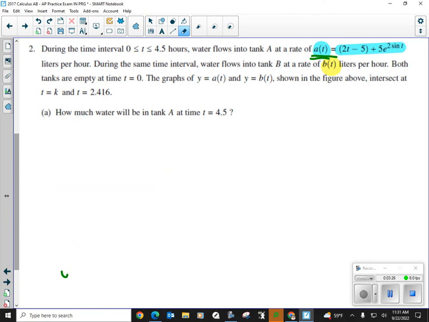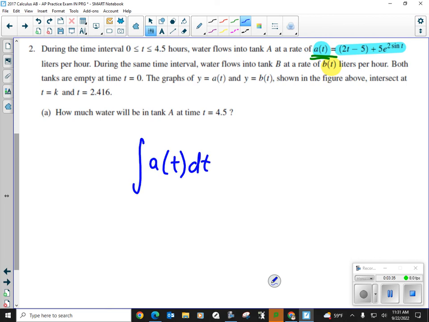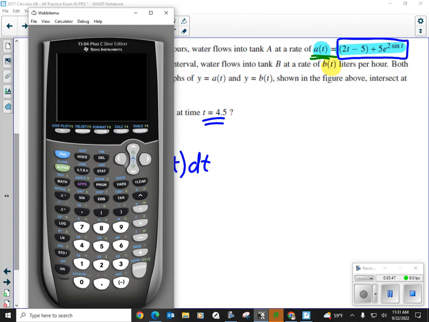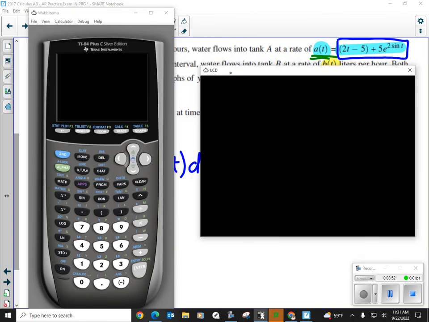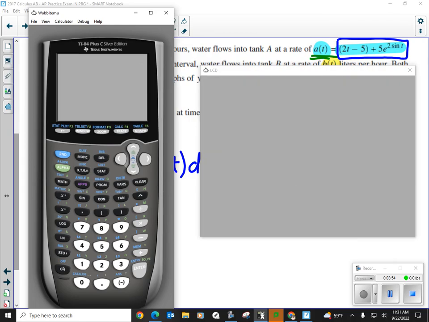So I'm going to integrate my A of t dt, starting from the beginning all the way to time 4.5. That's all I've got to do. And of course, this is what I'm putting into that integration. A calculator is required for these problems. The directions tell you that. So that's exactly what we're going to do.